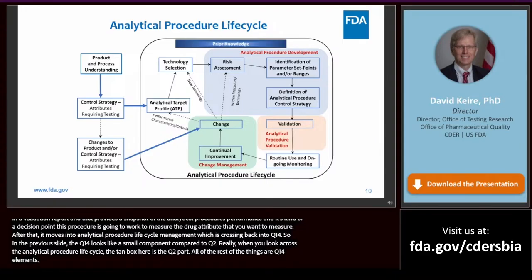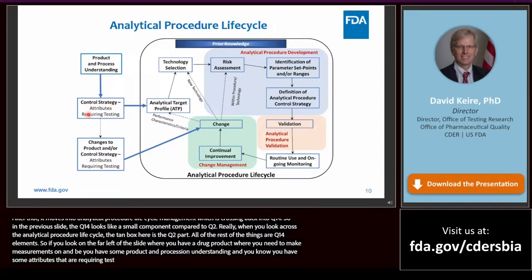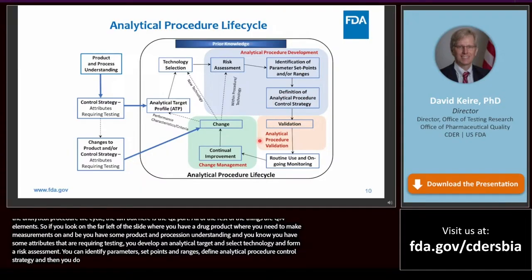If you look on the far left of the slide, you have a drug product where you need to make measurements, and you have some product and process understanding, and you know that you have some attributes that require testing. You develop an analytical target, select technology and perform a risk assessment, identify parameter set points and/or ranges, define an analytical procedure control strategy, and then you do the validation.